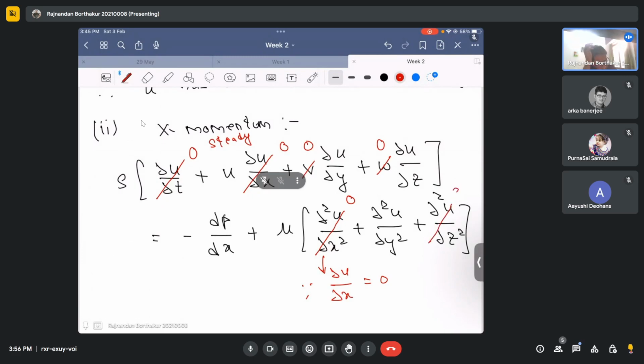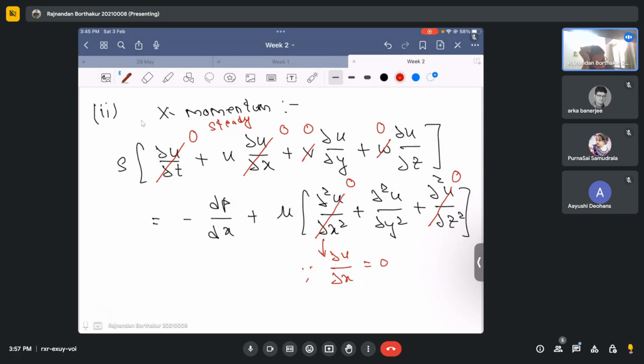Okay, and that's why del square u by del z square is also equal to 0, which means that the plate width is very large with respect to the channel height. The consequence of del square u by del z square equal to 0 is because of the fact that the plate width is very large.